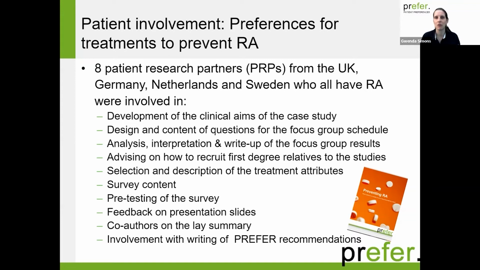So a truly international team of patient research partners reflecting the international nature of our study. They were involved in the development of the clinical aims of the case study. So we go way back with patient involvement. The first aspects of the study, the clinical aims, were developed together with patient research partners.